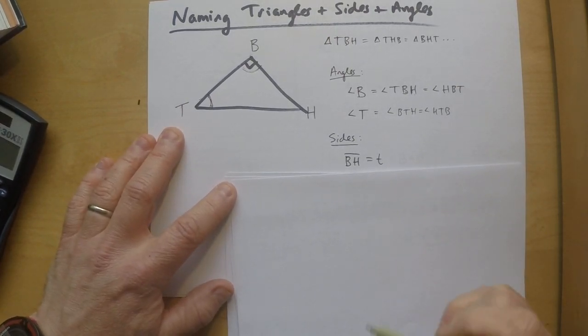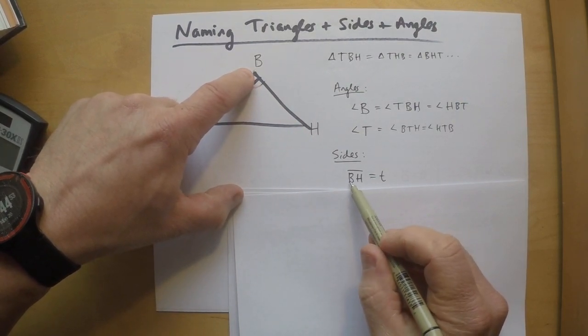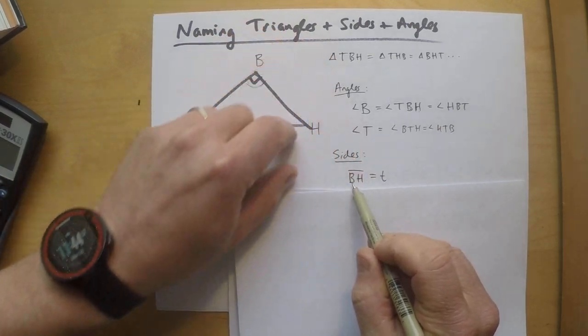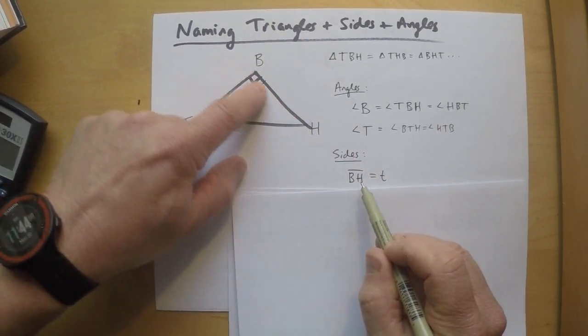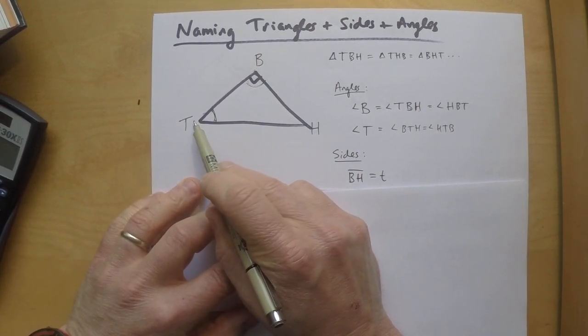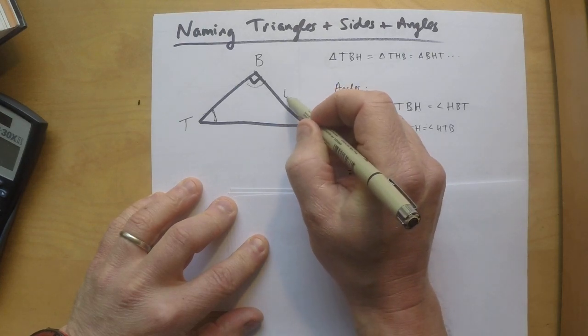For sides, they might say, to find this side length here, they might call it BH. They might write a line above it for a line segment, or they just might write BH. Okay, I'm finding that length. You could also call that side, across from angle T, little t.